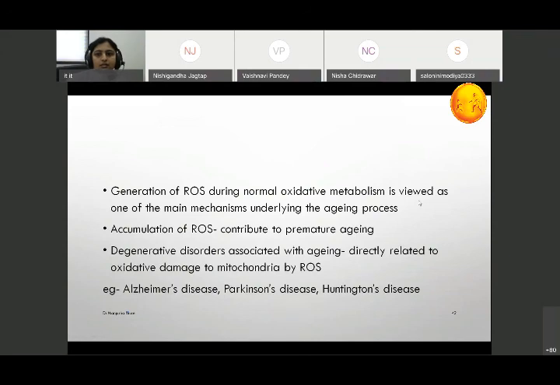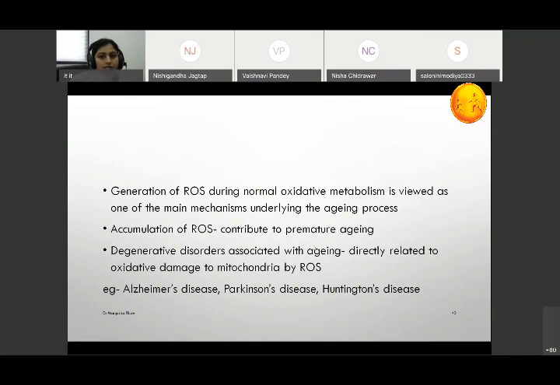But as we progress to the last phase of our age, as we grow very old, some oxidative metabolism mechanisms generate reactive oxygen species, which is related to this aging process. Now, this is normal, but sometimes accumulation of reactive oxygen species starts, and there is premature aging.